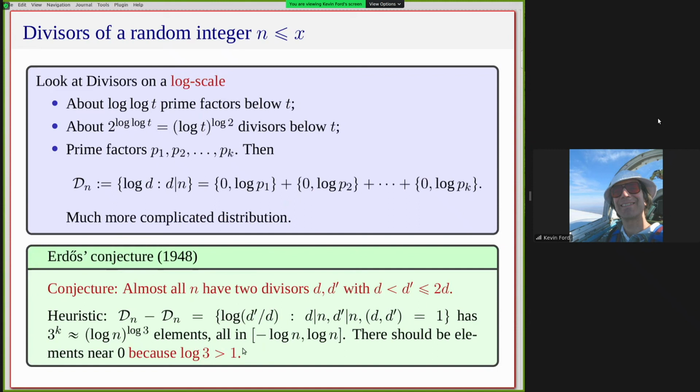And the key idea is that these are numbers in the interval from negative log n to log n, and log 3 is bigger than 1. That's a numerical coincidence that drives a lot of the behavior in this area. So that's a heuristic.